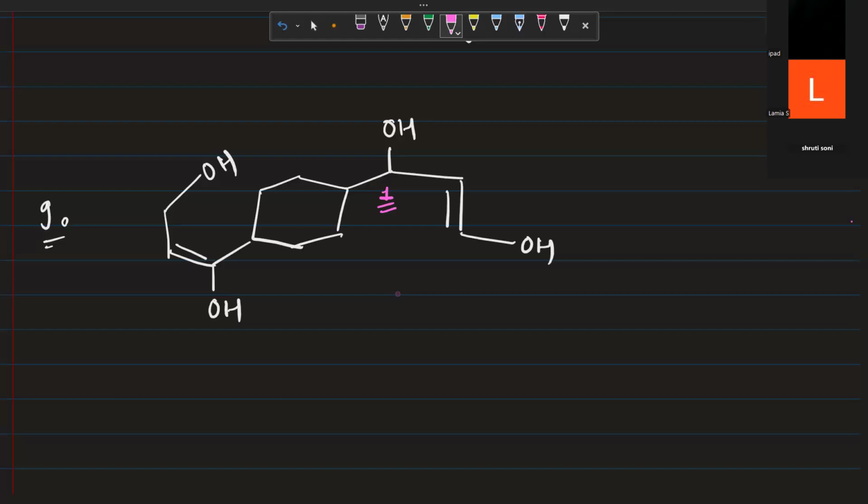Okay, so tell me how this carbon is. sp3, sp2, what sort of carbon? Oh, wait, sorry. I'm looking at the carbon next to it. No, I think that's not right.